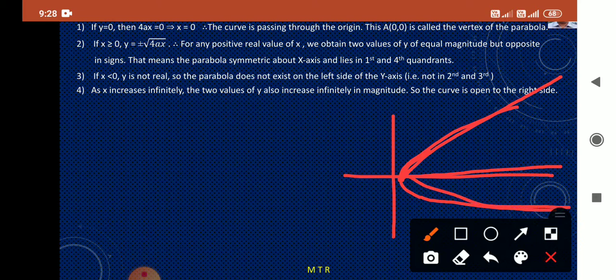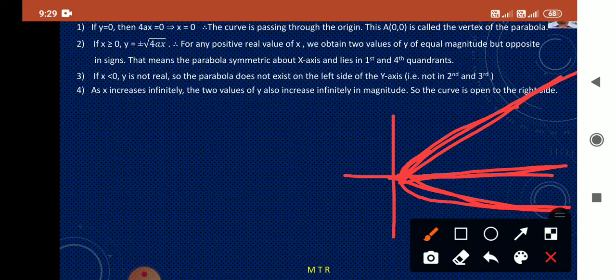That means the curve does not meet the x-axis again. The curve meets the x-axis at 0 only. So as x tends to plus infinity, y tends to plus or minus infinity, and the y value increases infinitely in magnitude.